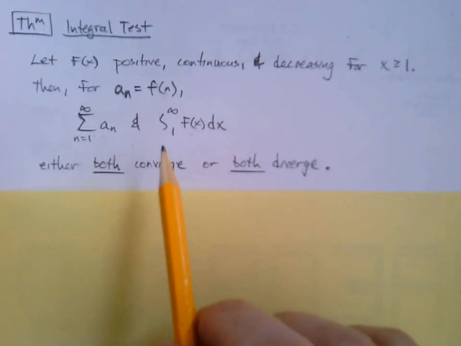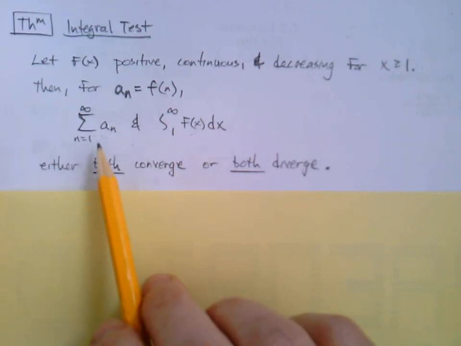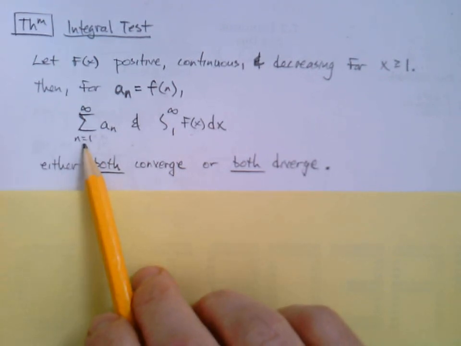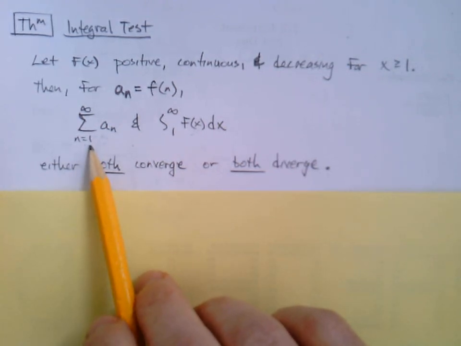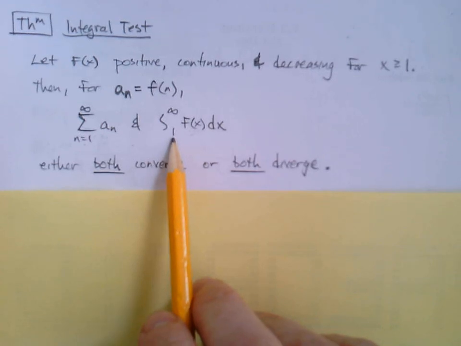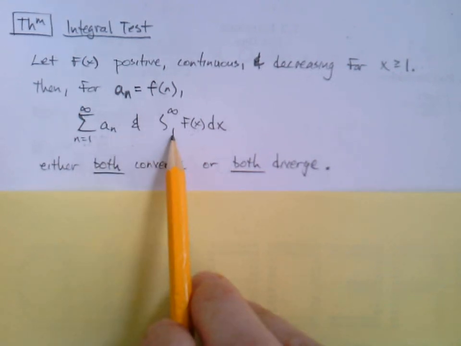One other thing, you notice that we're beginning the series at 1, and you don't have to. This could start anywhere. Could start at 0, could start at 2 or 3 or 4. We just go with 1 by default. We also say that the integral begins at 1. Really, same thing. Wherever the series begins, that's where we begin the integral.